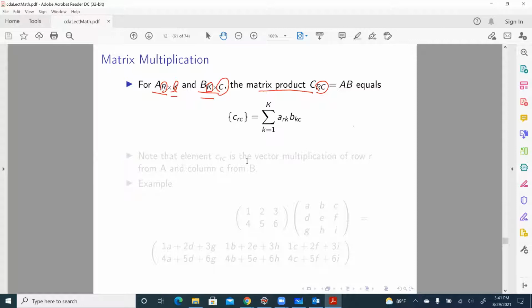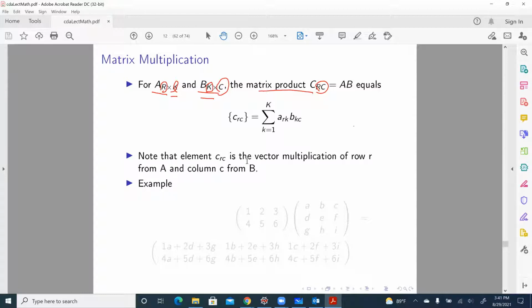The Rth row from A and the Cth column from B. Here I use lowercase to denote that. Okay, and summation sign.